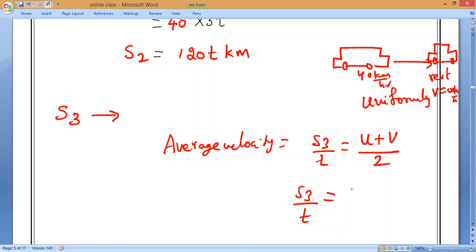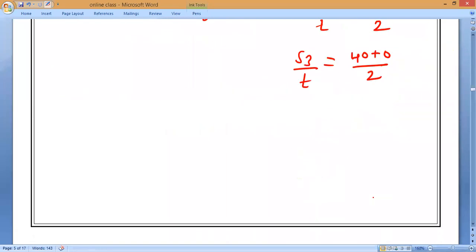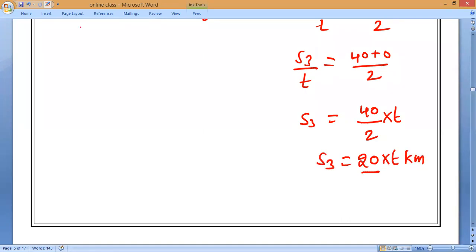So 40 plus 0 divided by 2, which is 20. So S3 is equal to 40 divided by 2 into t, which is 20t kilometers. Is it okay, everyone? Any doubt?